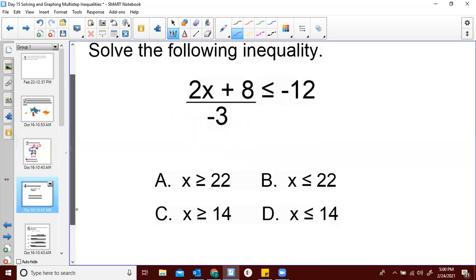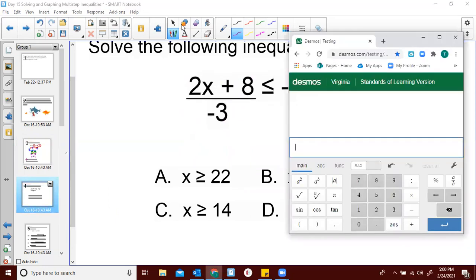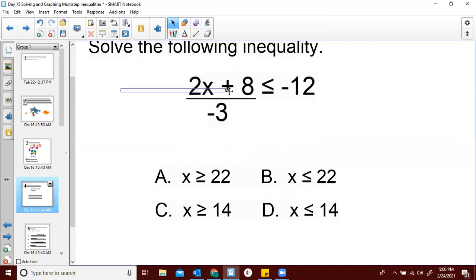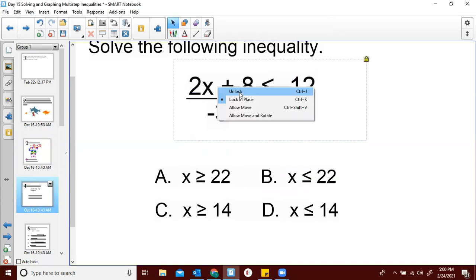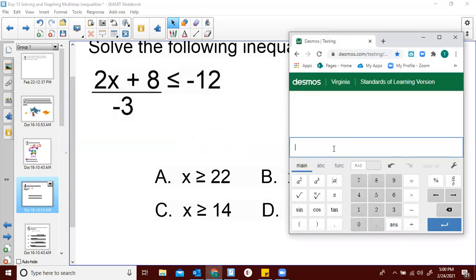All right, now if I wanted to show you a little trick in Desmos, we can unlock this and move it. All right, so first I'm going to put my left-hand side. Remember, always click that fraction button if you have a bunch of stuff in the numerator or denominator.